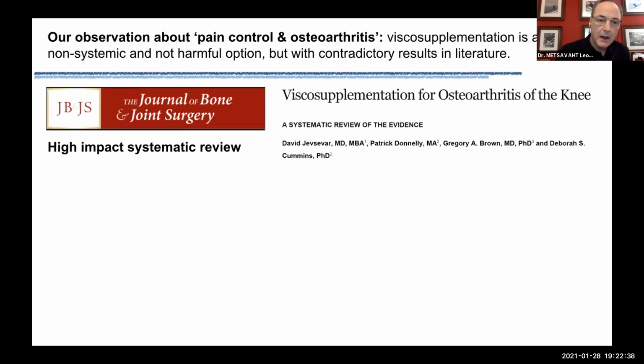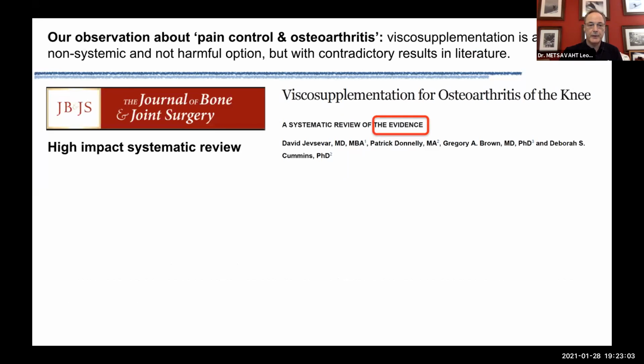So, a few years ago, we observed a paper at the JBJS called Viscosupplementation for Osteoarthritis of the Knee: a systematic review of the evidence. That's a very strong word to put in a scientific paper title.